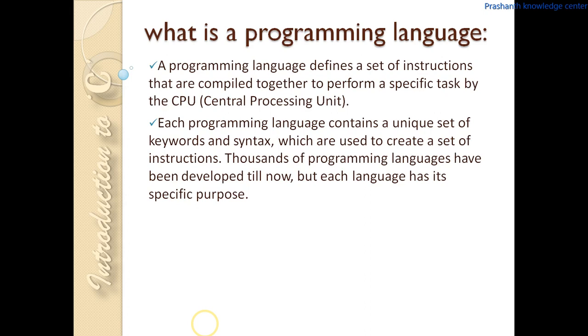That means if we want to perform a specific task, we will be writing the program, that is the source code, in a particular manner to perform the task whatever we want, and that will be compiled together by the CPU. Each programming language contains a set of keywords and syntax. Every programming language will have its own syntax, which are used to create a set of instructions.